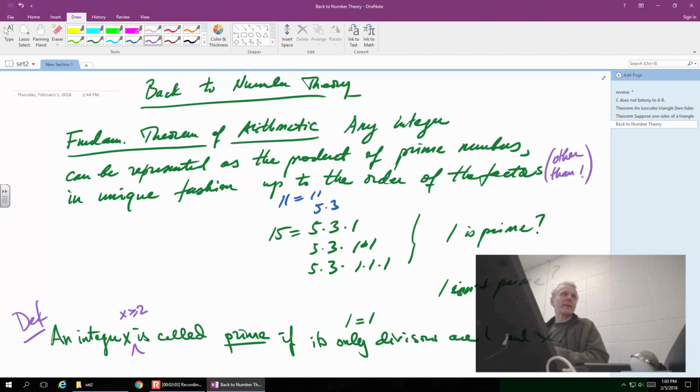So 1 is a factor. But as far as the uniqueness part of the theorem, there are two parts, frequently the case. Not only is there the factorization of an integer, but it is also unique up to the order of the factors.